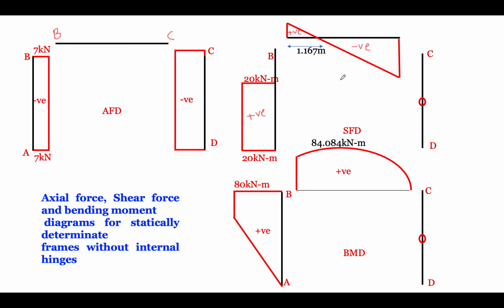We have assumed that someone is standing here, so everything inside is negative and outside is positive. Similarly for bending moment, CD is 0 and the bending moment is positive outside. At this point it is 0 bending moment.